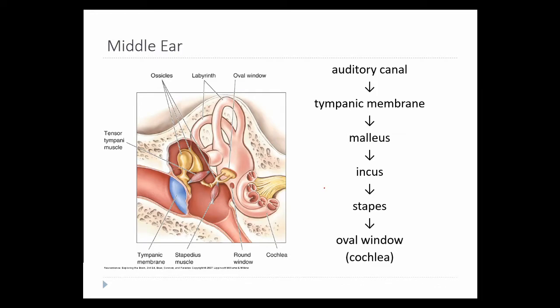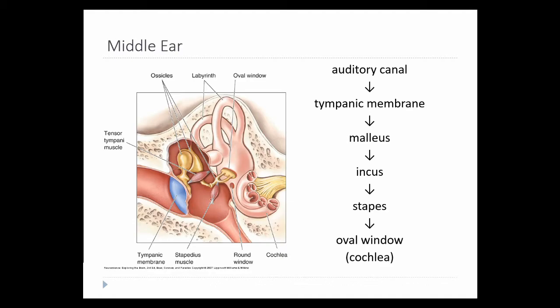One other feature of the middle ear are these little tiny muscles. This one here is called the tensor tympani. It attaches to the malleus, and then the stapedius muscle attaches to the stapes. These muscles are there to dampen sound waves.